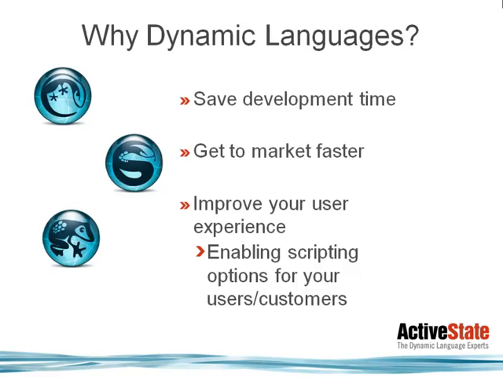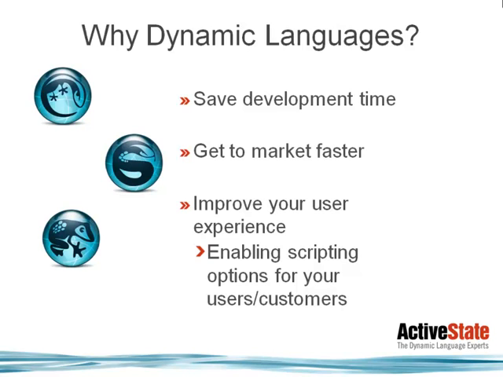Thanks, Kendra. So, let's review first why you would want to be using dynamic languages. There are three main points here. First off, it saves development time. There have been many studies as well as anecdotal reports about how much quicker you can get something up and running in a dynamic language versus any of the systems languages, whether that's C or even a little higher level in Java and C#.